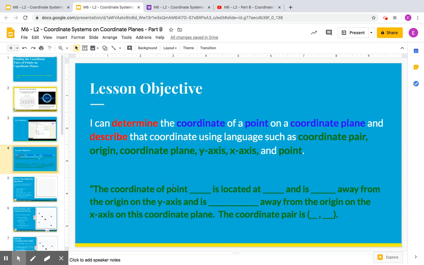The coordinate of point, star, smiley face, whatever, is located at blank, meaning it's located at what coordinate pair? 0, 0, 1, 2, 4, 5, and is blank away from the origin on the y-axis, meaning its y coordinate, and is blank away from the origin on the x-axis, meaning its x coordinate.